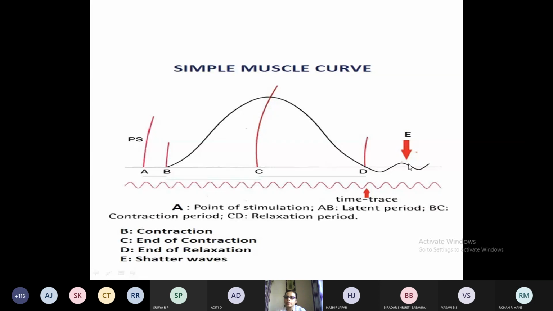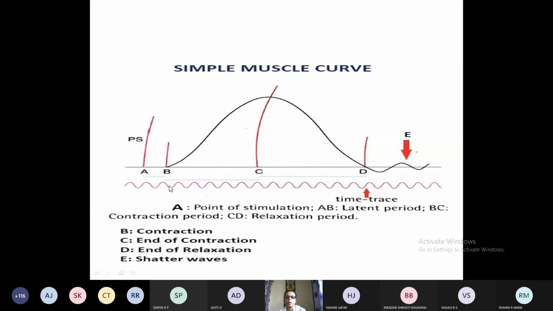This part is called the physiological curve. It is denoted by the point E, and it is also called shatter waves. I will tell you later why this physiological curve happens.